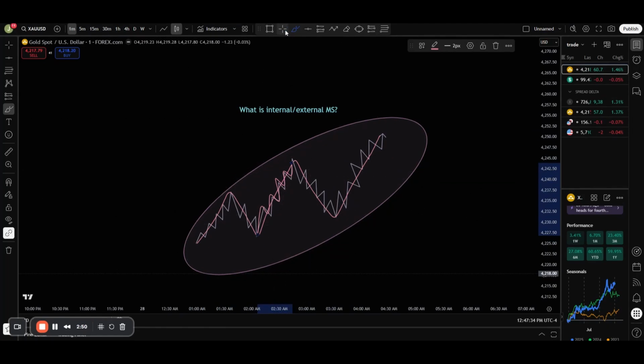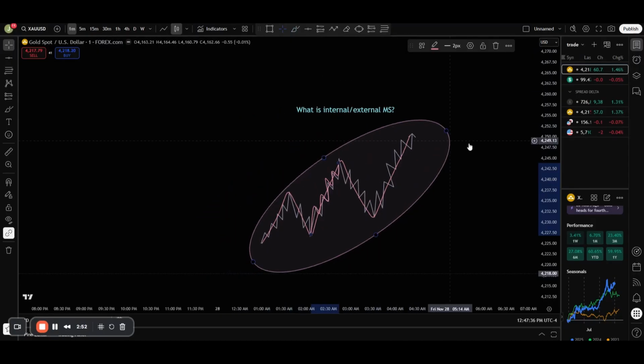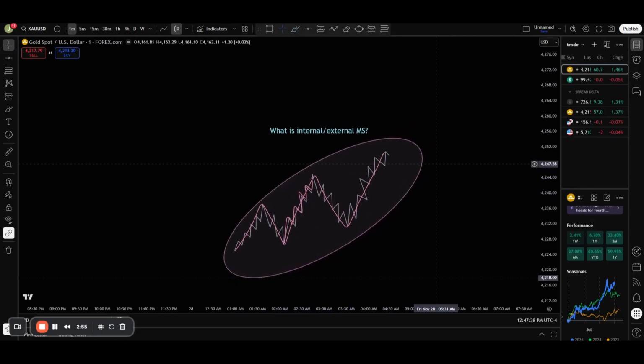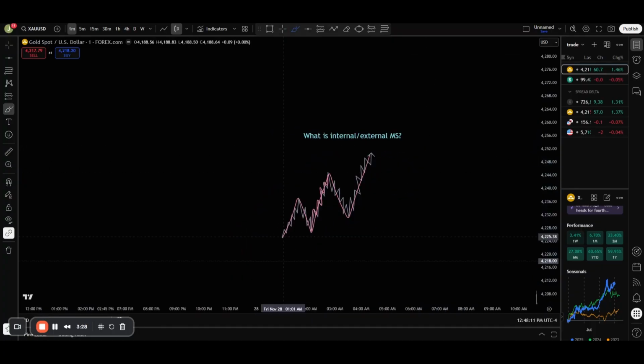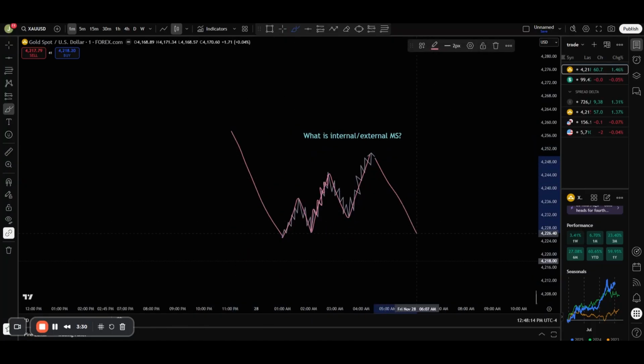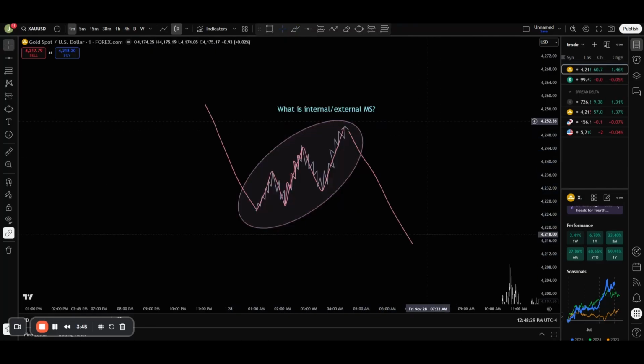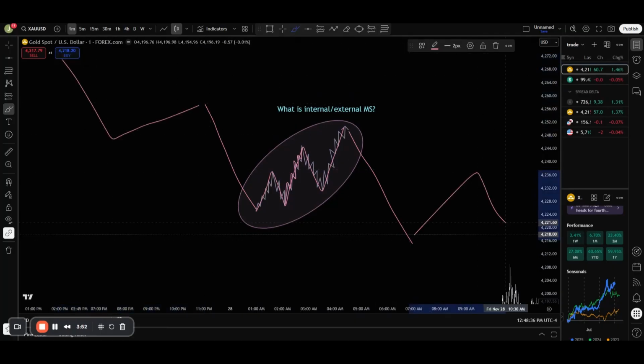This would be external structure. But internal and external, those labels are completely relative. The second I do something like this, it now becomes evident that this trend right here is just internal to a larger overall bearish trend. And that goes on virtually infinitely, right?